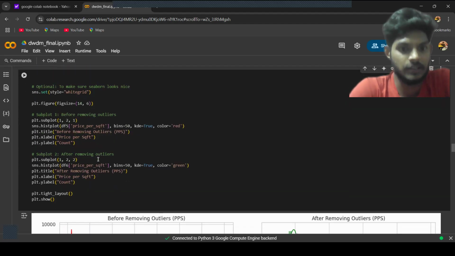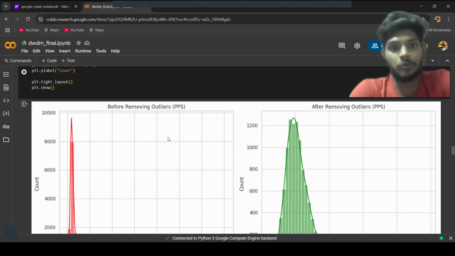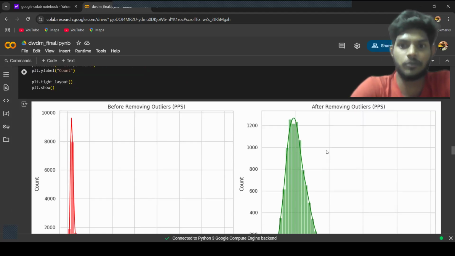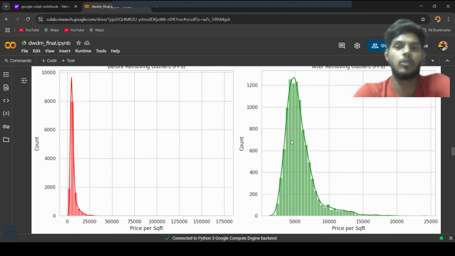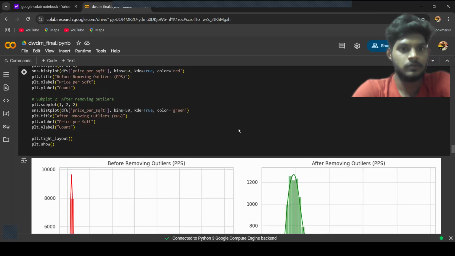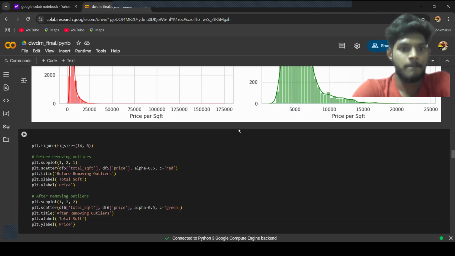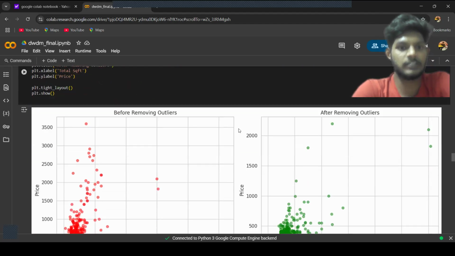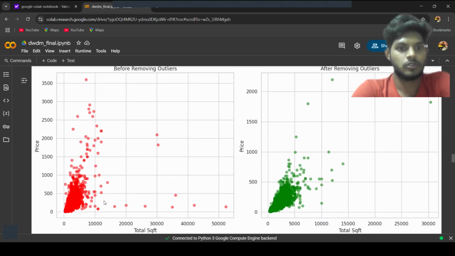Now we can see the graph of before removing the outliers versus after removing the outliers. You can see here a sharp extreme value, but it is a vast spread. And you can see the scatter plot also, after removing versus before removing.